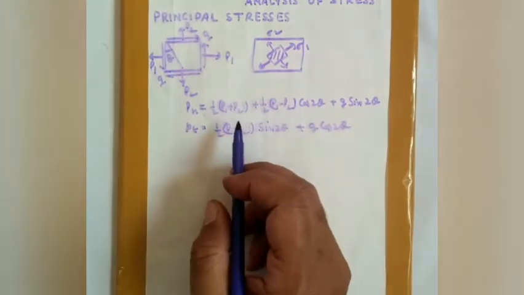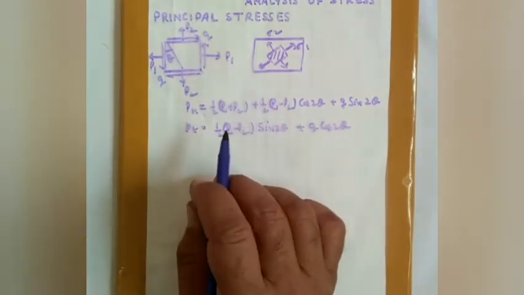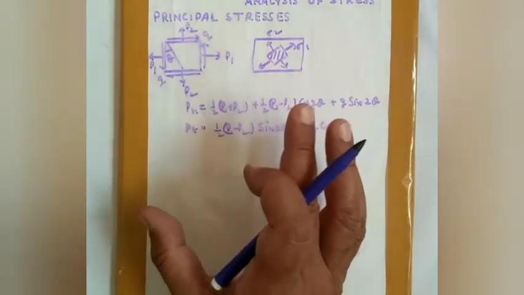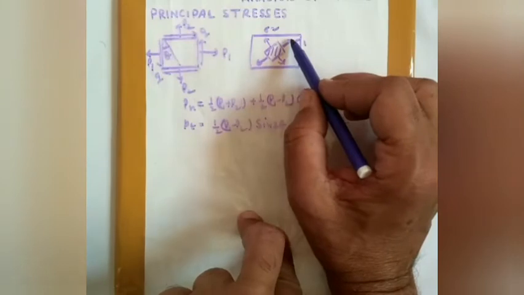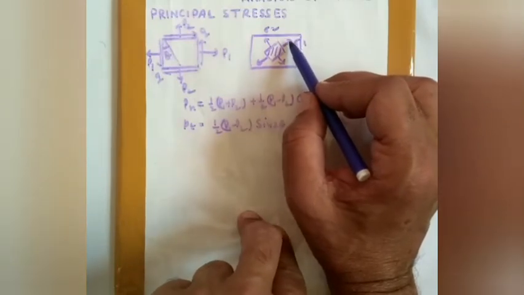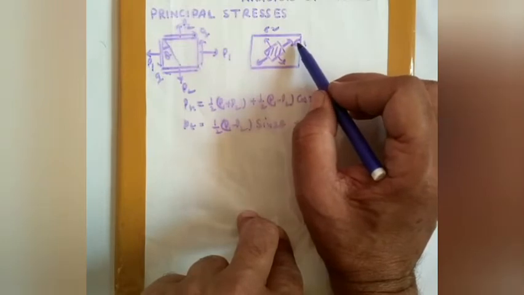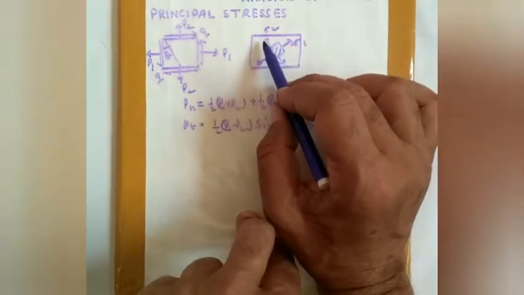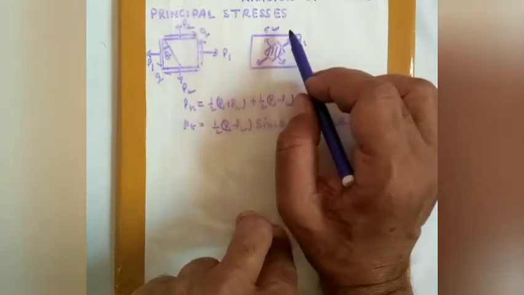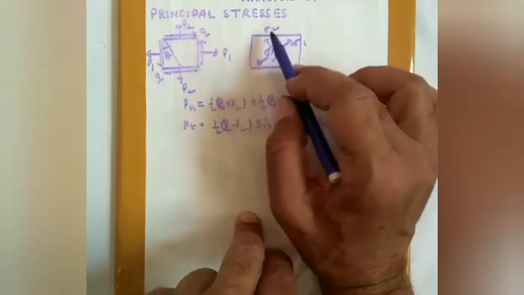But we will take a two-dimensional stress system in which the third stress is 0, and the maximum normal stress, the major principal stress, is denoted by sigma 1, and the smallest normal stress, the minor principal stress, is denoted by sigma 2.